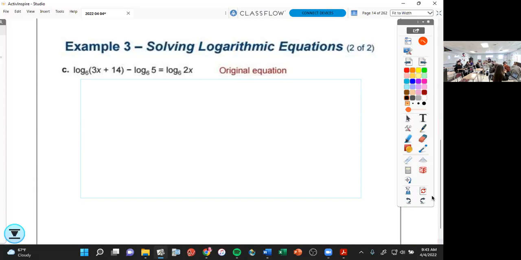Okay, let's get us there. In the parentheses of the 3x plus 14, minus 5. Okay, can't do that. Yeah, exactly.